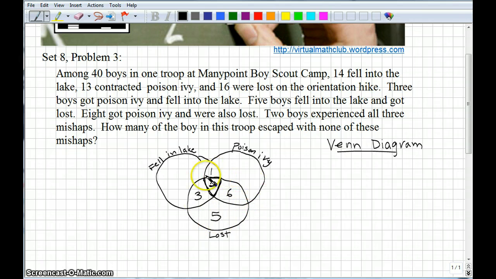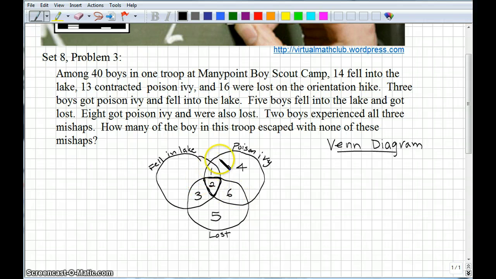So 16 boys total, which would be 5 plus 3 plus 2 plus 6, so 16, were lost on the orientation hike. Now we've got all of those accounted for. 13 contracted poison ivy. We've got here 9 boys that are already accounted for. So we just need 4 more to make 13. Now we have 13 boys total that got poison ivy.